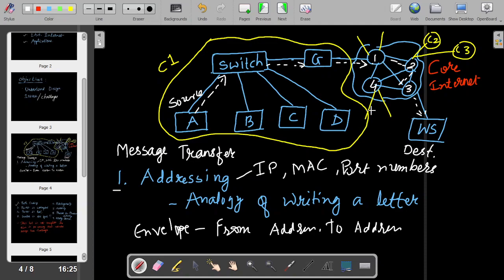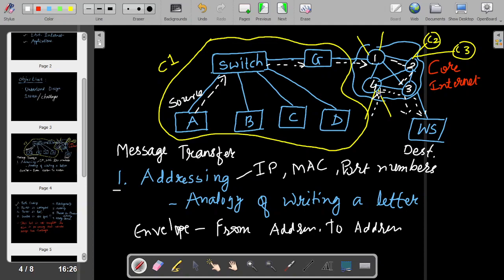It may happen that these yellow lines, they indicate the client networks. C1 is one client network, C2 is the other, C3 is the third. Let us assume that some client is connected to router 4 and they give router 4 a packet for the web server. Router 4 will take this path. But this is possible only if routers know the path to the possible destinations.